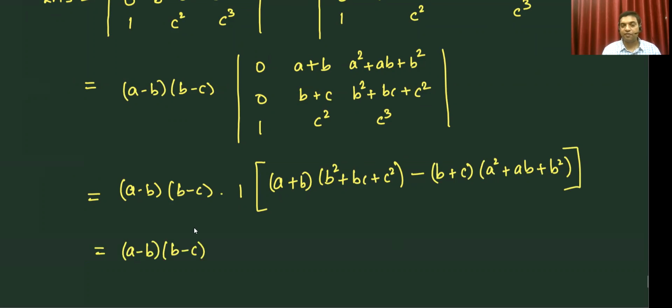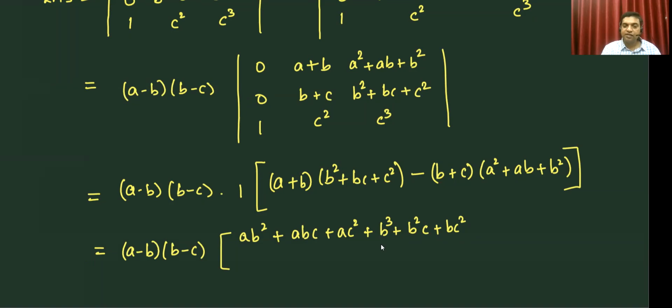Now we need to simplify this one. So let us do. You get a lot of terms: ab square plus abc plus ac square plus b cube plus b square c plus bc square.